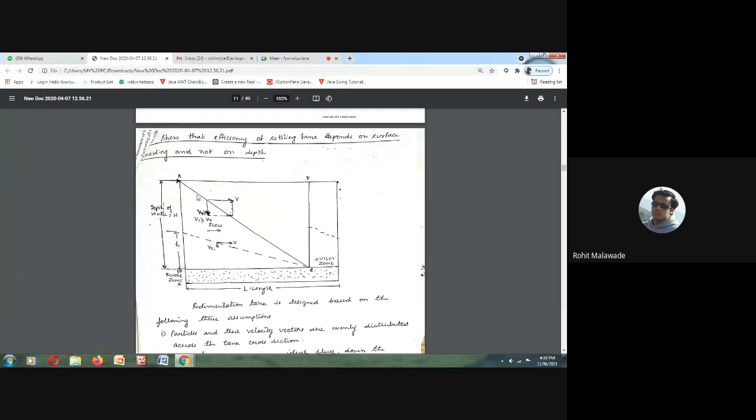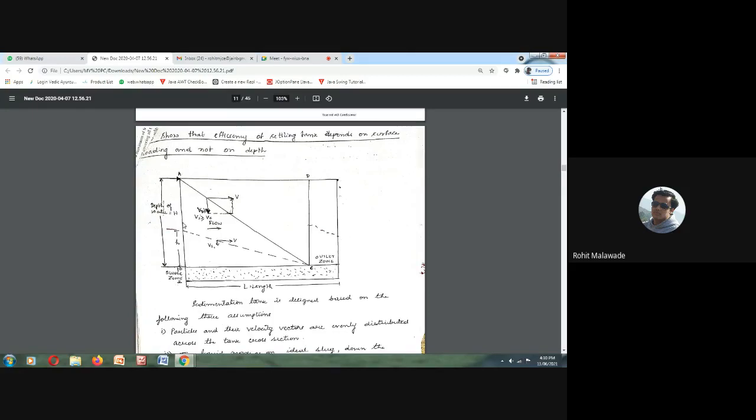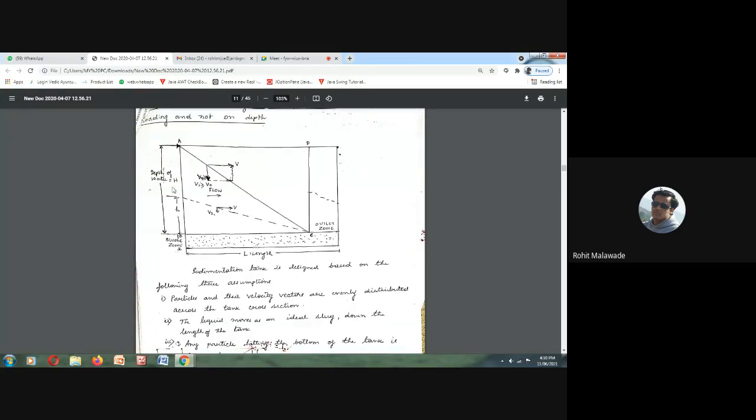So if the velocity V is on a higher side, the particle will pass away from the sedimentation tank. If it enters from one particular height H, this is going to happen.